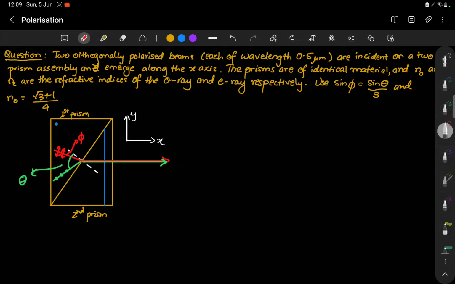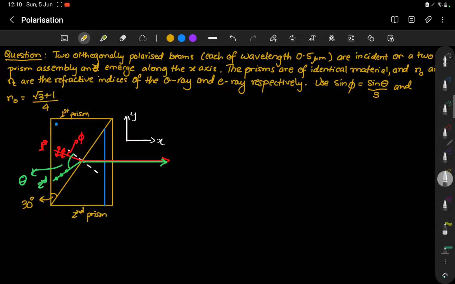Also we are given the angle of the prism. This angle is 30 degrees. So we have the two beams, orthogonally polarized as shown in the figure, and they both exit along the x-axis. This is the diagram that we have.